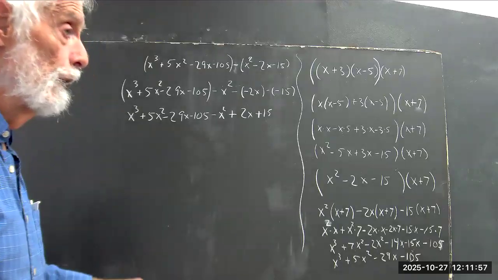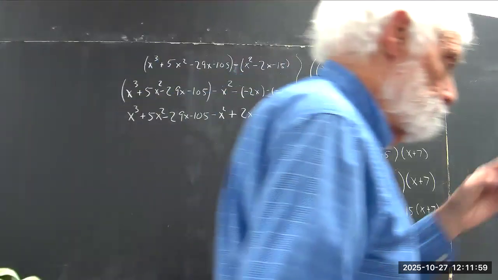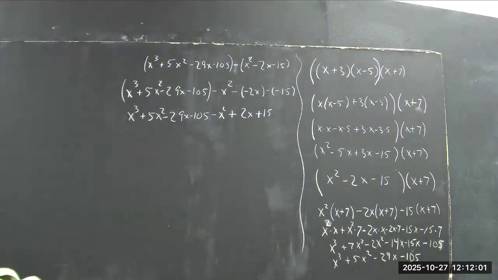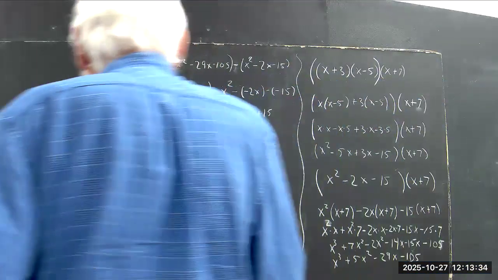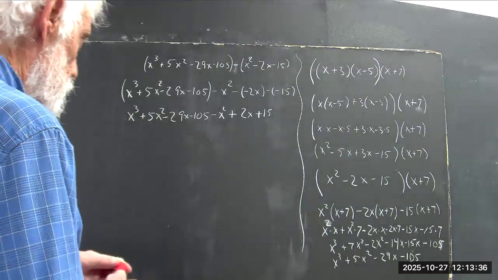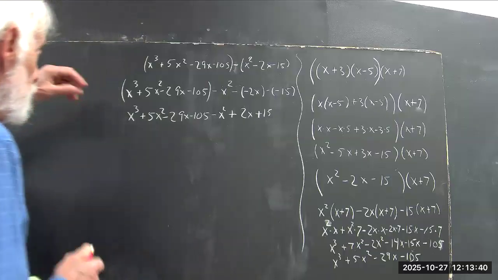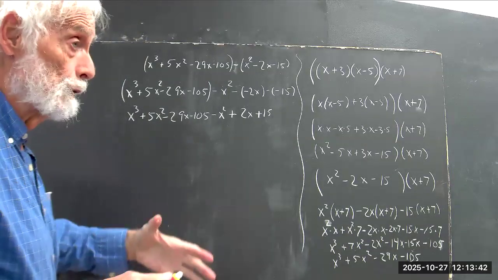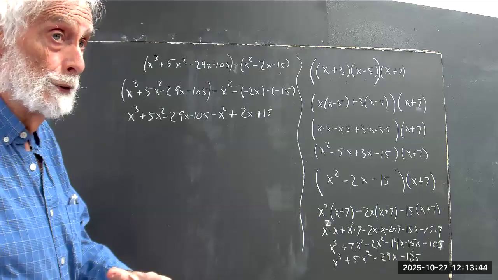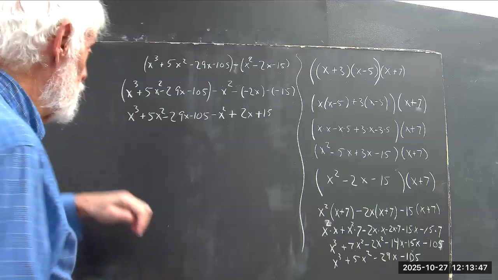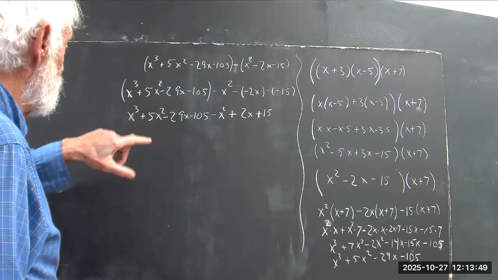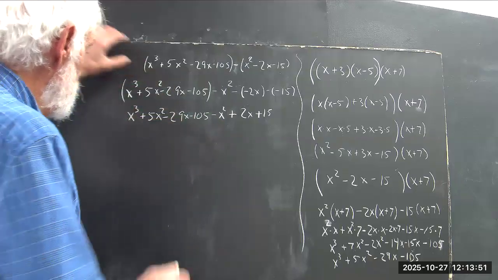Now, how do we simplify that? Okay, now there's another confusion. So I'm going to do an extra step to make sure we understand that, okay? I can write this with my x squareds together.